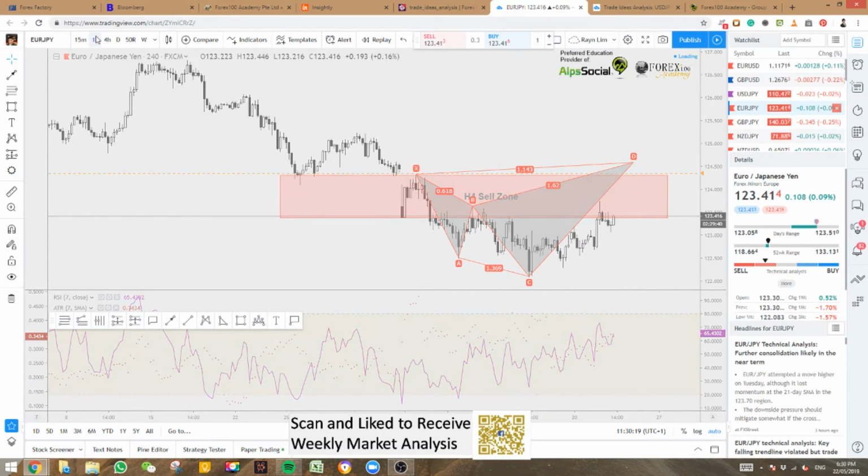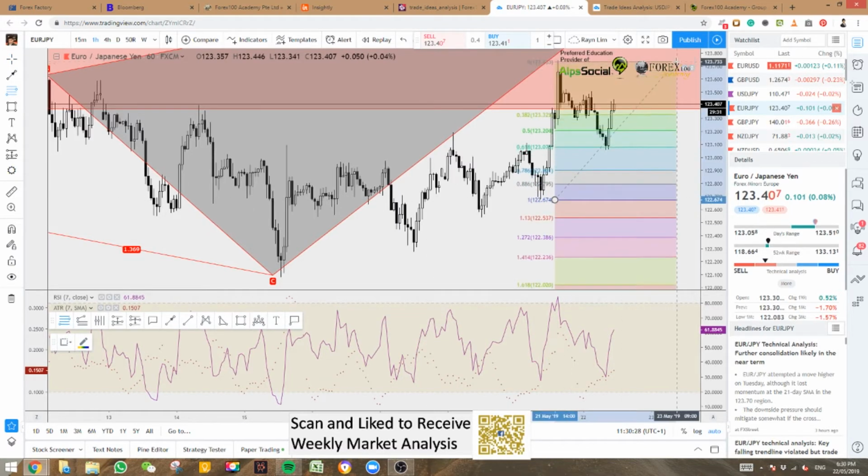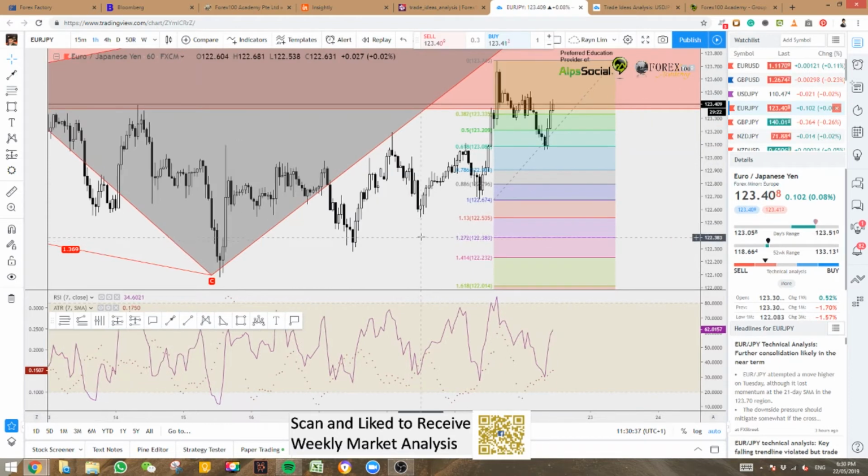Head down to 1 hour. On the 1-hour chart, once again, it's a sketch. Highly likely, if the candle ends in this manner, it will be a deep godly if this is the C point, or it will be a bad pattern if you head down to a smaller time frame on 15 minutes.